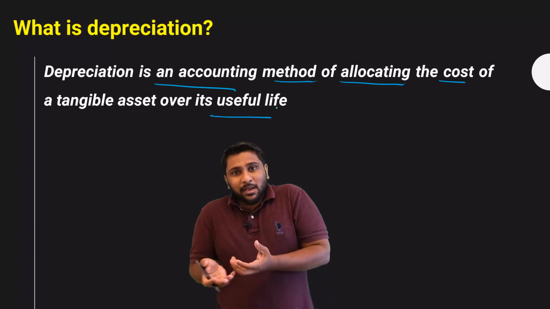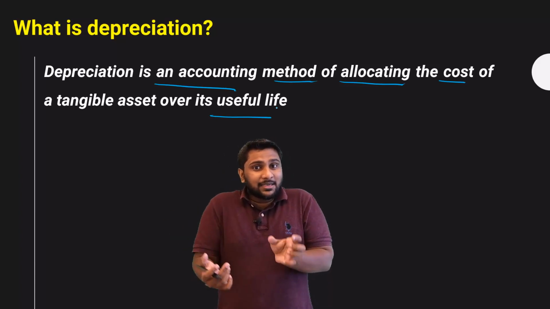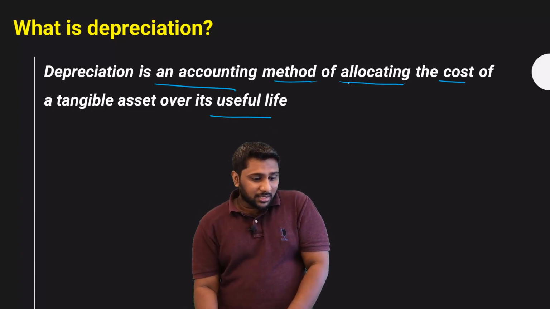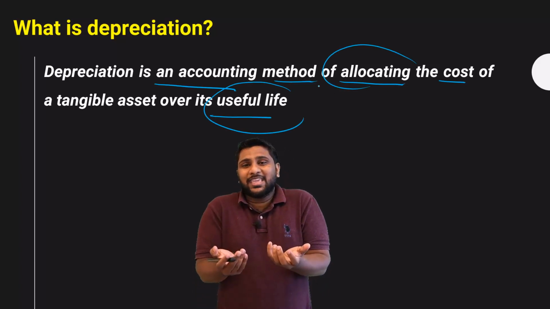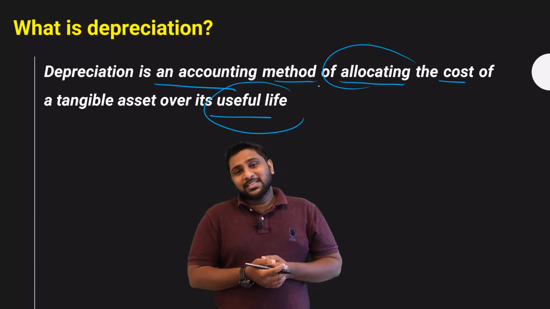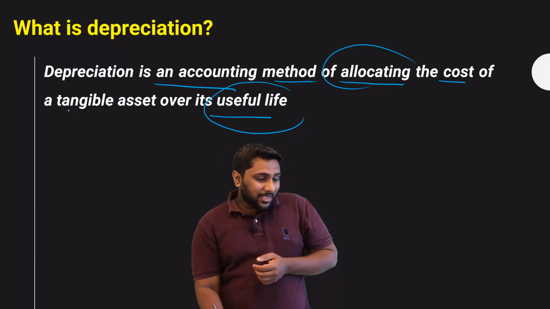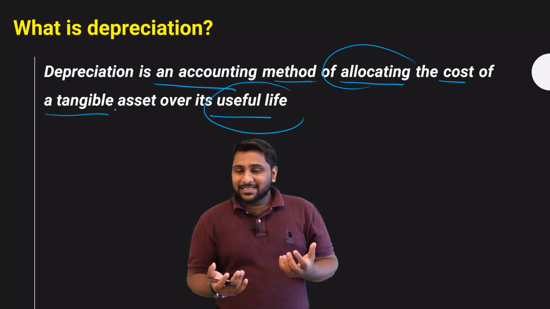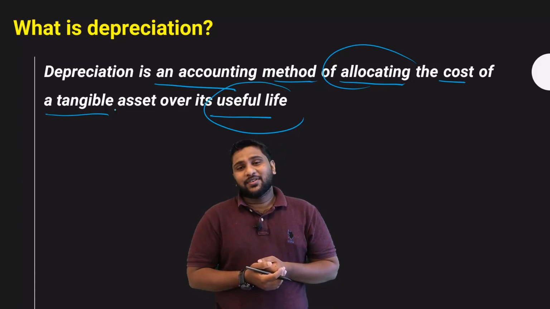If you have a scrap value of 10,000, out of 50,000, 10,000 you can get by selling the asset. So depreciable value is 40,000. That 40,000 we are allocating over the useful life of the asset. Each year 40,000 divided by 5 years, each year the depreciation will be how much? 8,000 US dollars. So depreciation is something that we do for tangible assets. For non-tangible assets, we have to do amortization, that will be covered in a different video.